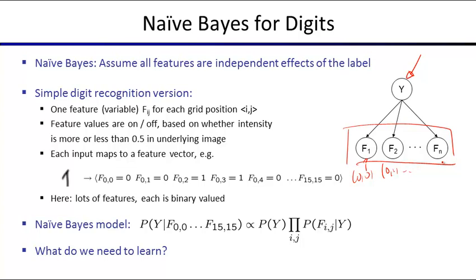So if you use this model, here's your joint probability. Let's see, Y given all the features is what you want to find once you see all the feature values for a new scan. You can compute this as proportional to the joint between Y and all the features individually given Y. For this to be Bayes rule, you would also have to divide by the probability of all the features.